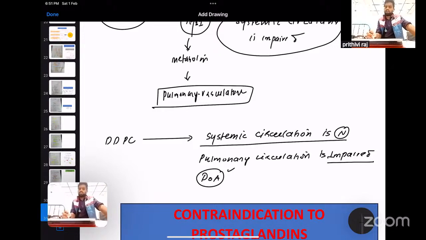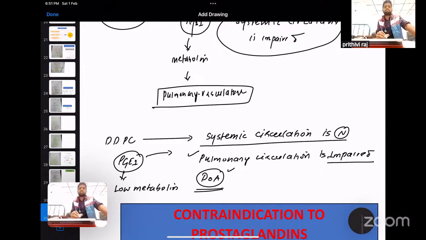Since the pulmonary circulation is impaired, the prostaglandin E1 you are giving is not going to circulate much through the lungs. So the metabolism will be low, and the turnover rate is also low. So to keep the ductus arteriosus patent in a case of duct-dependent pulmonary circulation, the dose of PGE1 will be low. This is the point you should know.